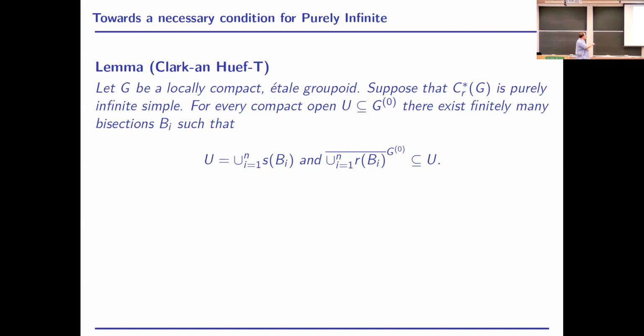So if you've got a locally compact étale groupoid and C star R of G is purely infinite simple, then this is quite a weak statement.